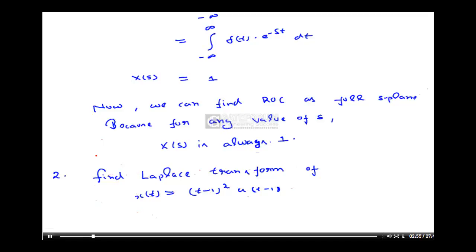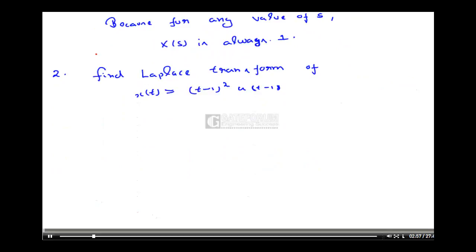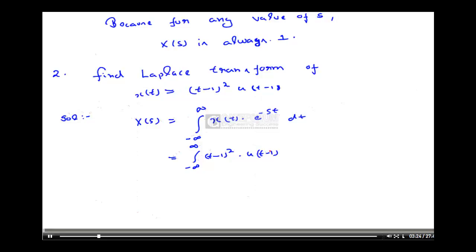Again, same thing, use the same formula, substitute x(t). I am having integral from minus infinity to infinity of (t minus 1) whole square u(t minus 1) e to the power minus st dt.